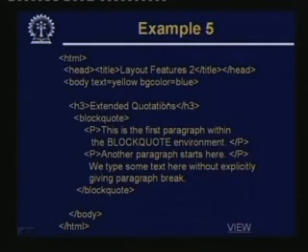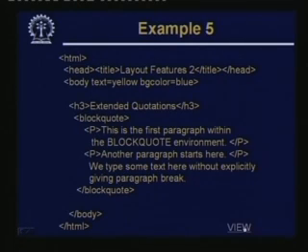This example shows something which I have not mentioned in my lecture. There is a tag called block quote. Block quote is used to produce quotations. Quotations normally have some additional space on the left and right. For example, here there are 3 paragraphs one after the other.